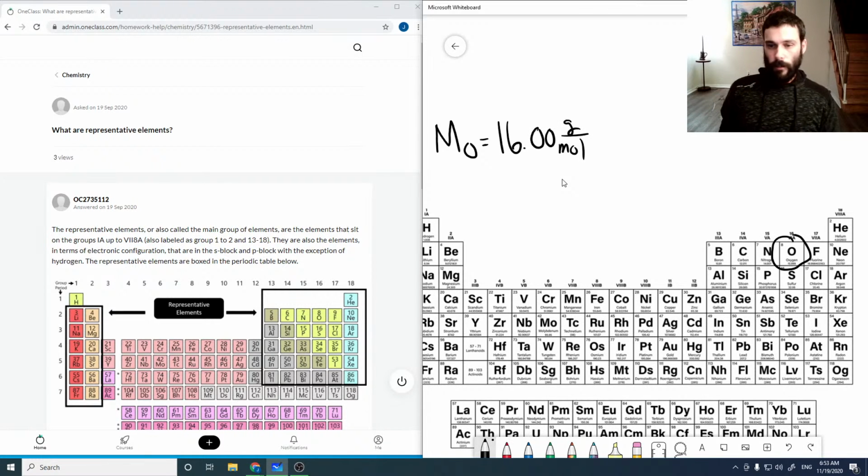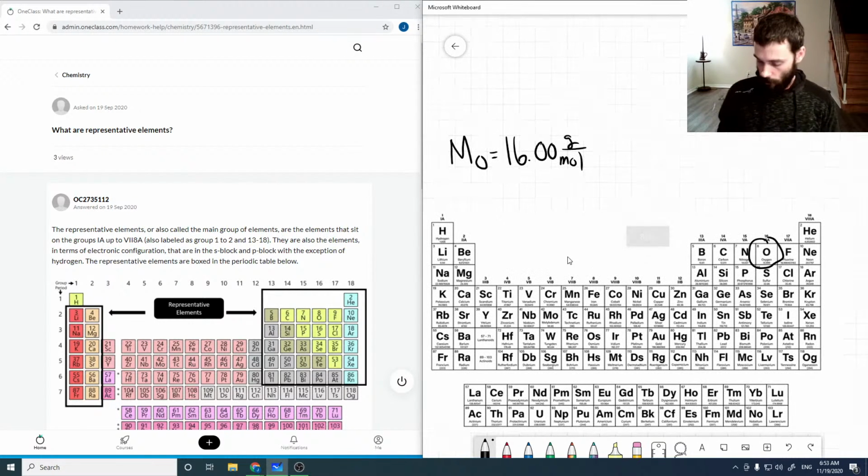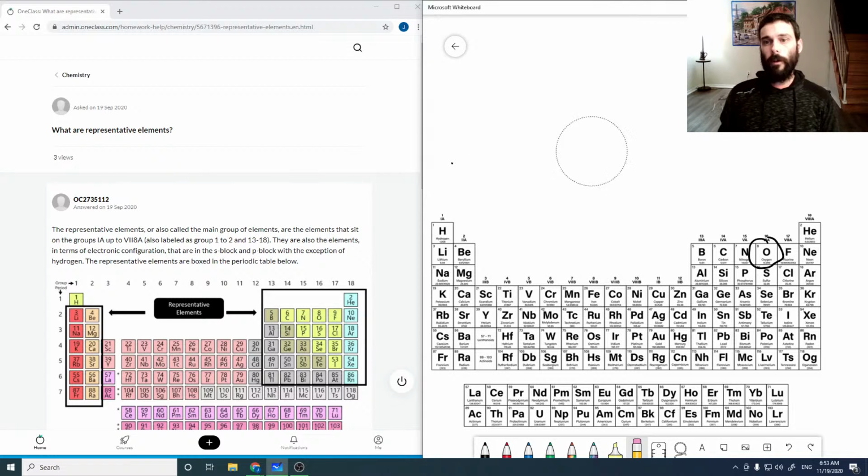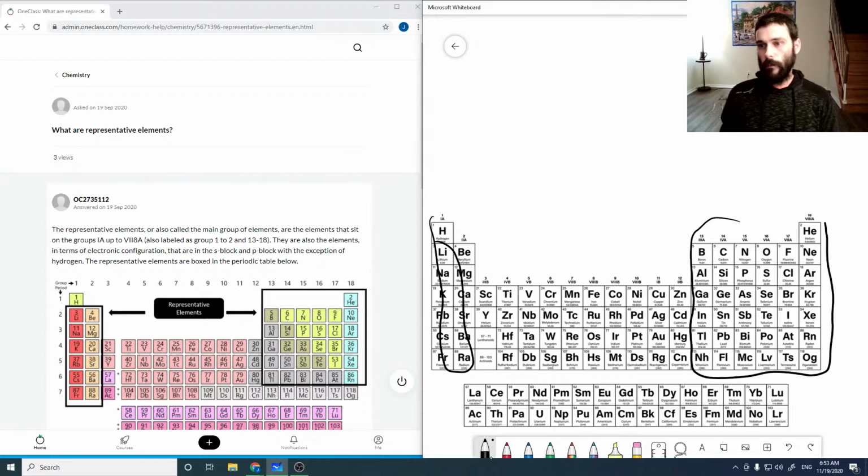So what are the representative elements? So those are just, if we look at our periodic table, just the ones in the S and P block. So just the ones in the S and P block are usually considered the representative elements.